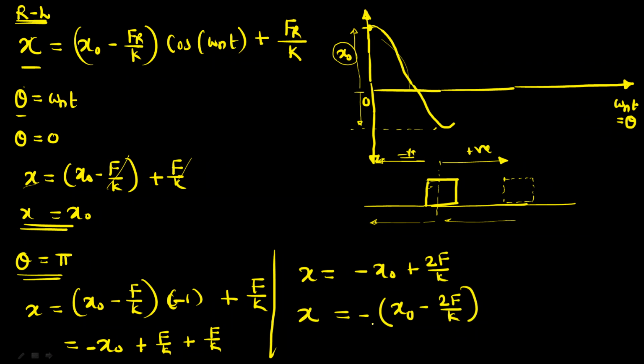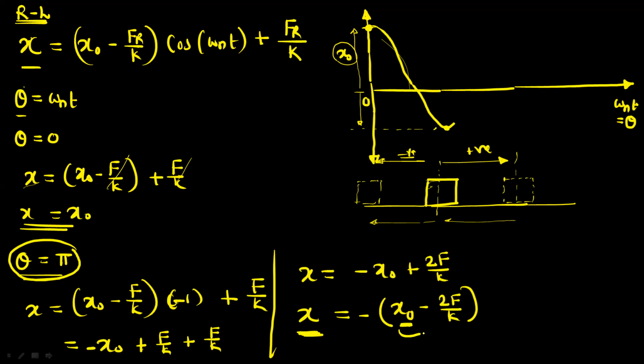What is the meaning of this theta equal to pi? From the starting position, that is theta equal to 0, it is the half cycle. Half cycle means this is the right extreme position and pi means it is the left extreme position, that is this point. But when the mass reaches the left extreme position, you can observe here this displacement is not x0.